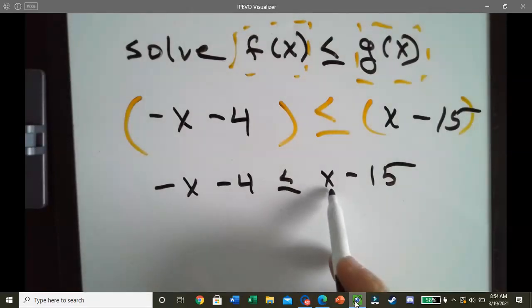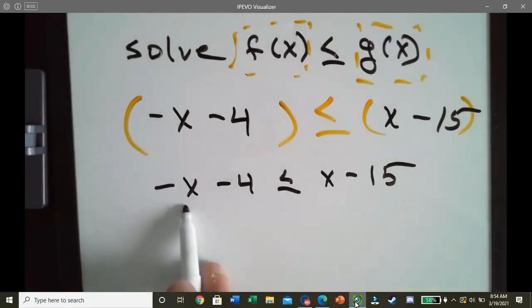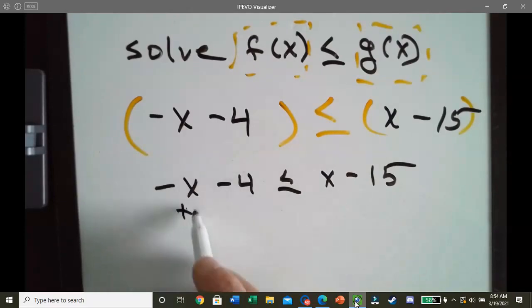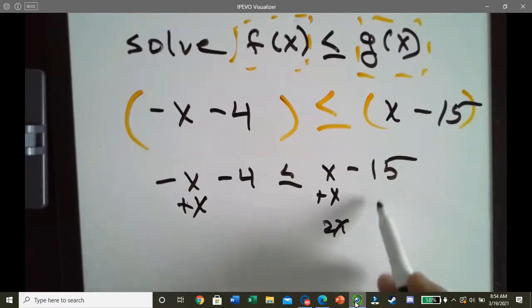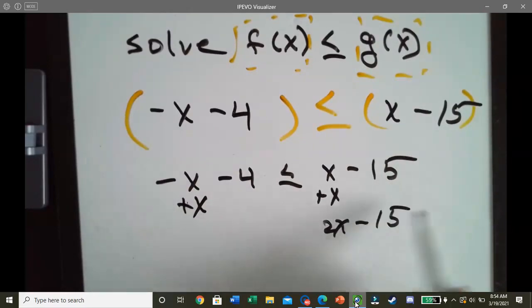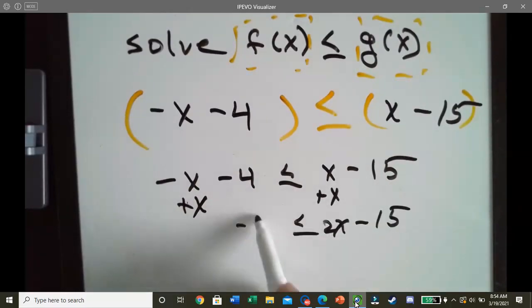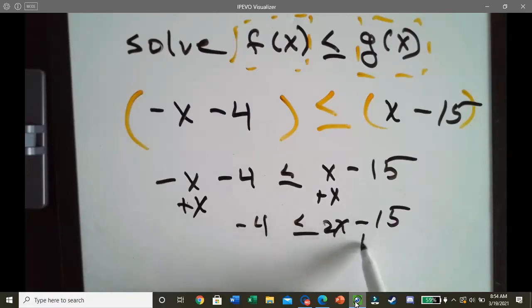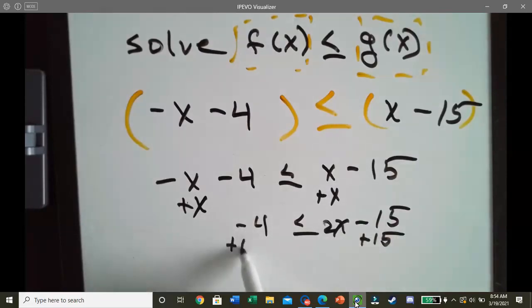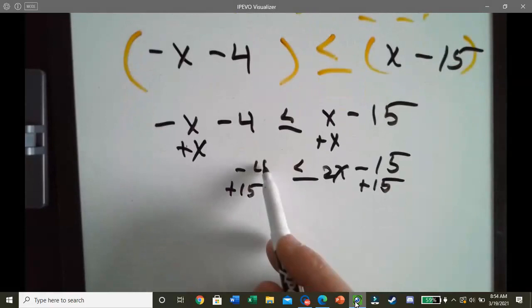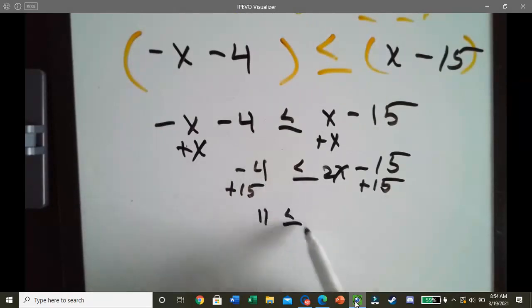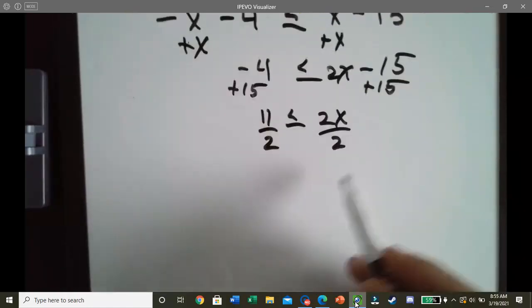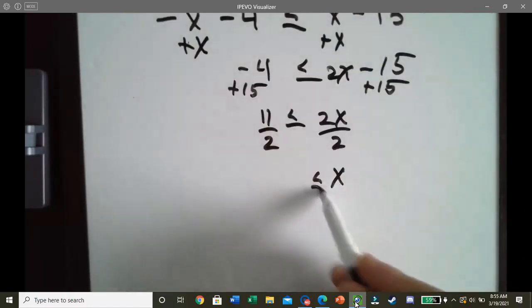Let's say you were to add x, and you get 2x minus 15, and then here you get negative 4, and then add 15, right, plus 15. And so 15 minus 4 is 11, right? 2x, and then divide by 2, and you get x is that, right?